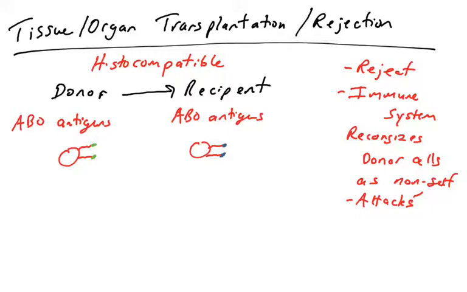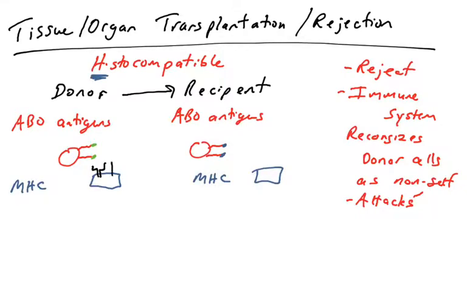So during organ transplantation, as well as blood transfusions, we try to make sure that the donor and the recipient have a compatible set of blood antigens, right? So that's one thing that's considered.